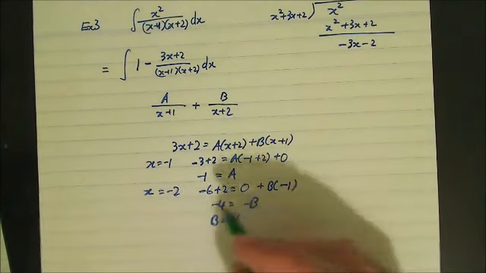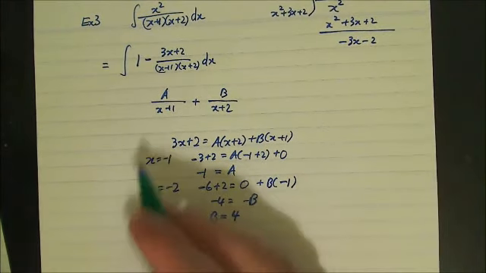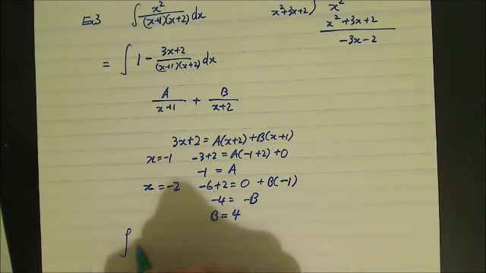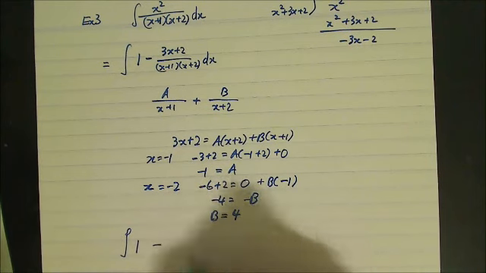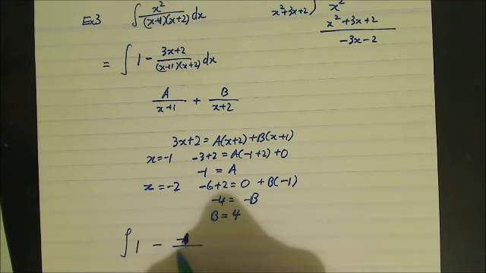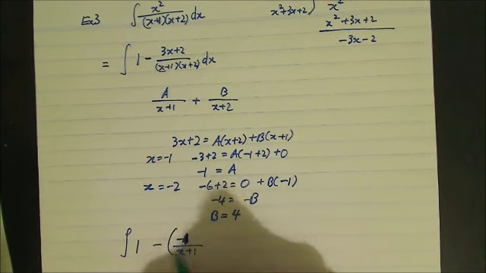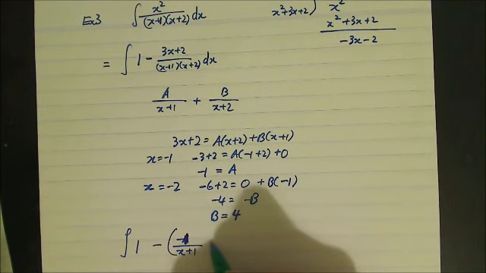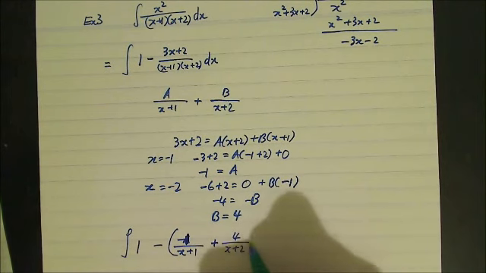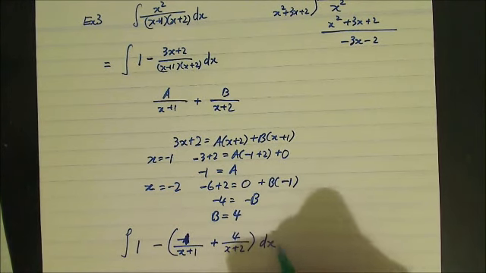Right. Now that we know what a and b are, we go back to our integral, and we want to find the integral of 1 minus, well, a is minus 1, sorry, minus 1 over (x plus 1), and we also have, just make sure we have brackets there, plus 4 over (x plus 2) dx.